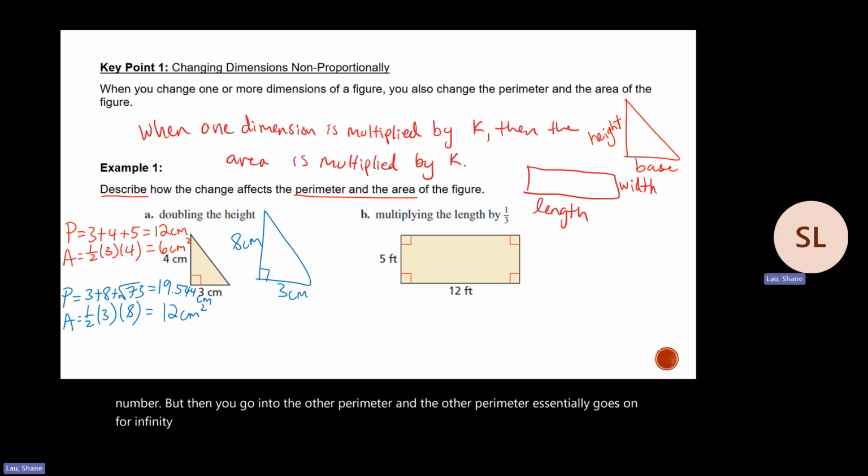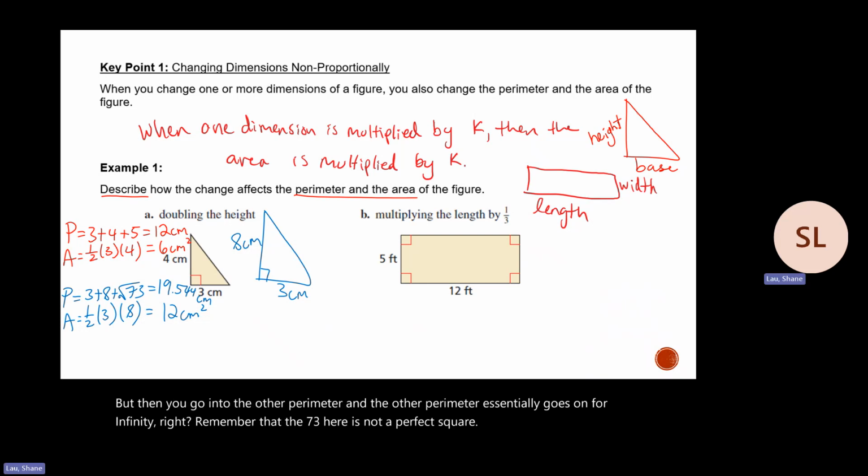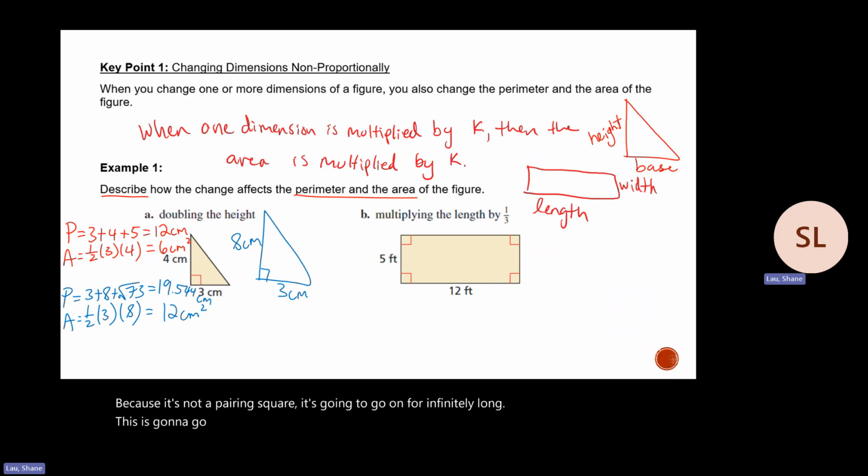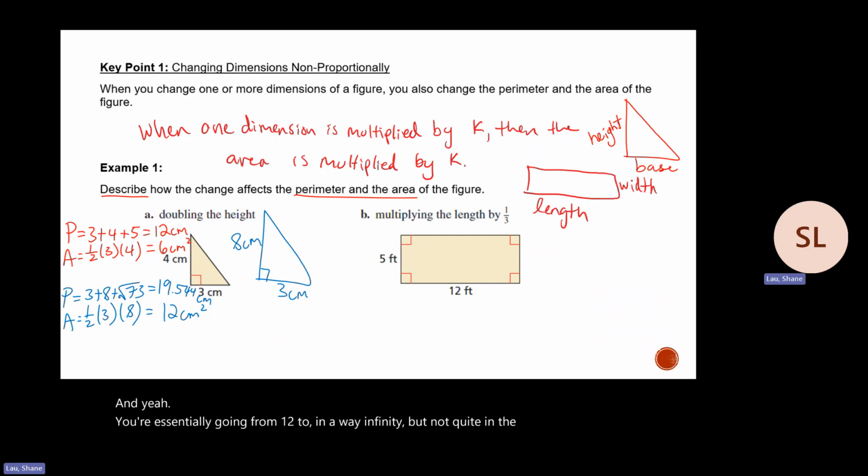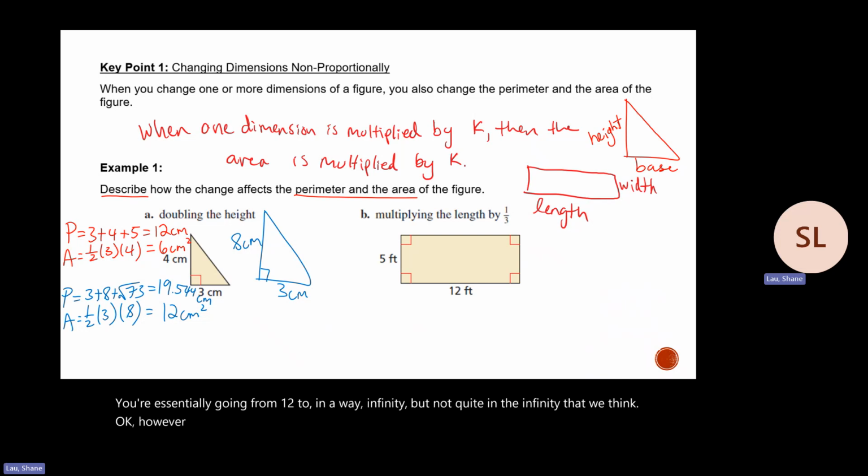Remember that the 73 here is not a perfect square, and so because it's not a perfect square, it's going to go on infinitely long. You're essentially going from 12 to, in a way, infinity, but not quite the infinity that we think. However, there is a direct link between the areas, and the area did double in size.